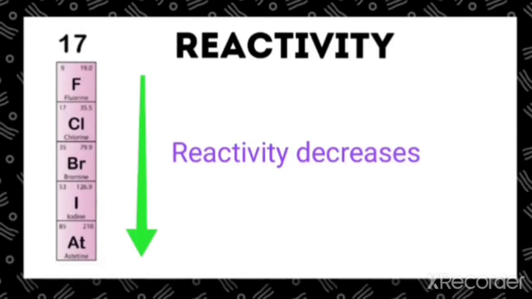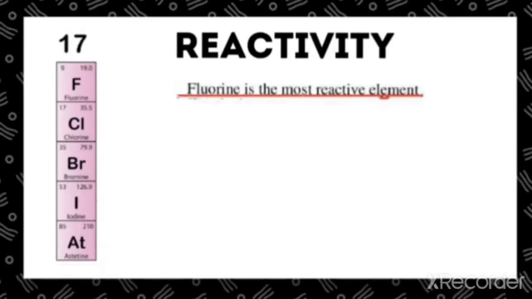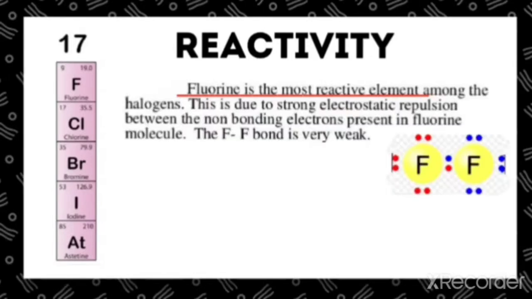That is, when you compare the reactivity of fluorine, chlorine, bromine and iodine, fluorine is the most reactive element among the halogens. Now let us discuss why fluorine is most reactive. As we have already discussed, there is a strong electrostatic repulsion between the non-bonding electrons present in the fluorine molecule.